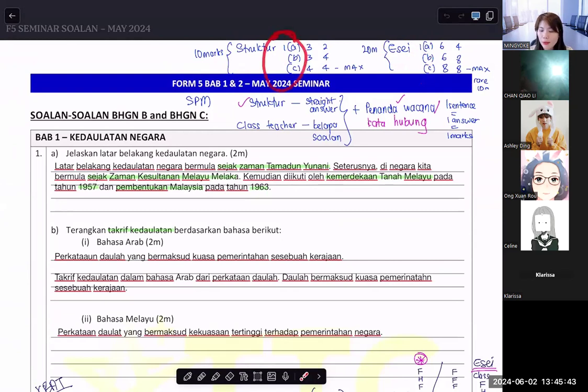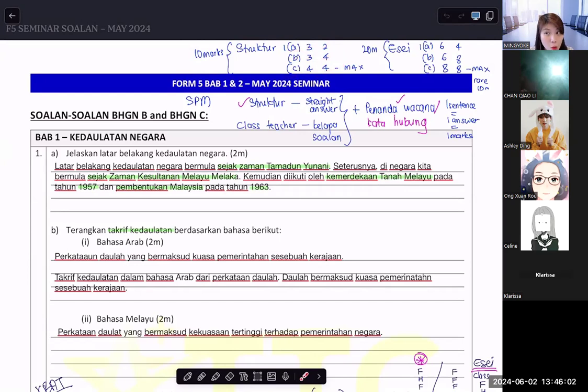For structure, A, B, C added together, each question is 10 marks. Either 3, 3, 4, where A is 3 marks, B is 3 marks, C is 4 marks. Or A is 2 marks, B is 4 marks, C is 4 marks, like that.